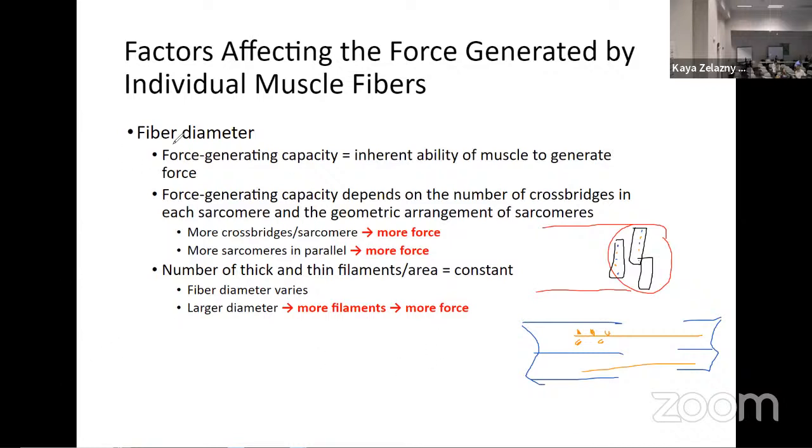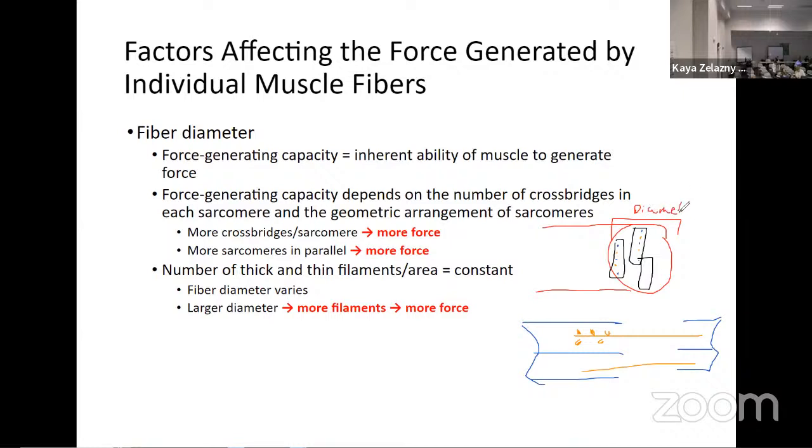The reason the fiber diameter matters is because our sarcomeres are a certain size, and the number of thick and thin filaments in an area is going to stay constant. But if you end up with a thicker muscle fiber, if you make this thicker in diameter, you can stack more next to each other. This is our diameter, the length across that cut edge.